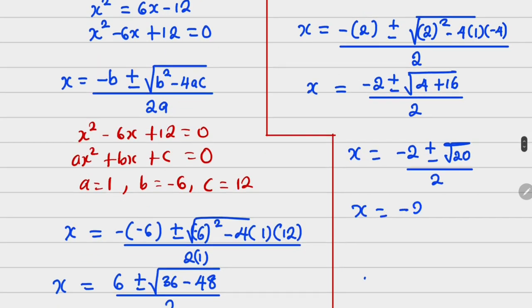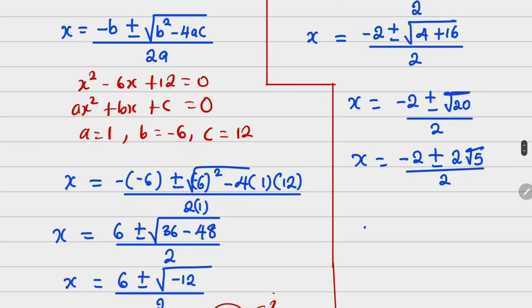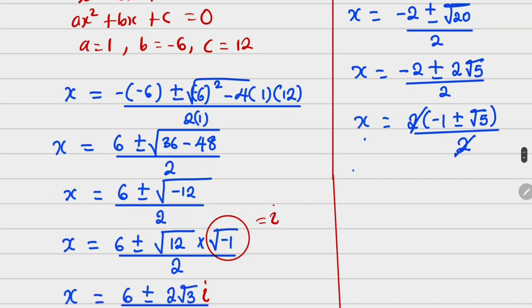x will now be minus 2 plus or minus, that should be 2 root 5, all right? I think I'm correct. Yes, I'm very correct. Then all over 2. Then I can factorize 2 out, so that I'm going to have 2 into minus 1 plus or minus root of 5, close the bracket, all over 2. So this cancels this out. At the end of the day, my x will be minus 1 plus or minus root of 5.